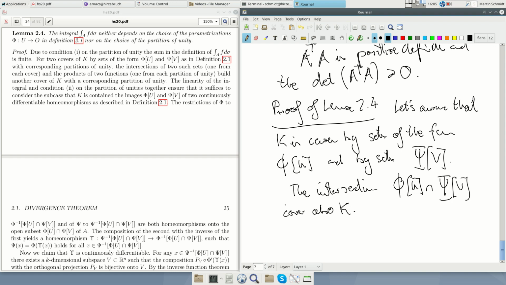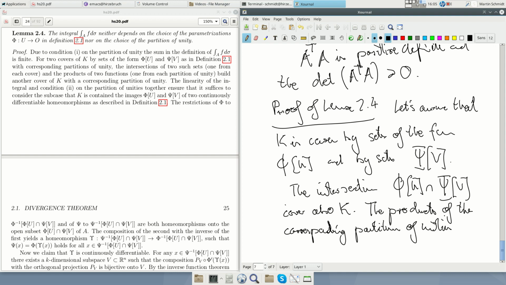And for the partitions of unity, take the products of the corresponding partitions of unity: one partition of unity which is compatible with the open subsets phi of U, and a partition of unity which is compatible with the corresponding open subsets psi of V. Now we take pairwise products.